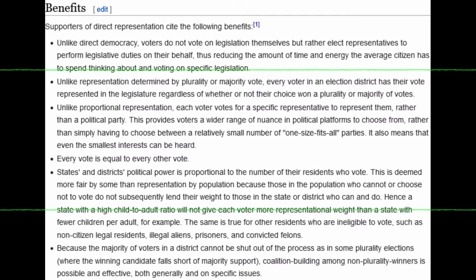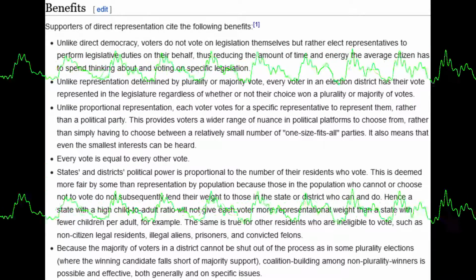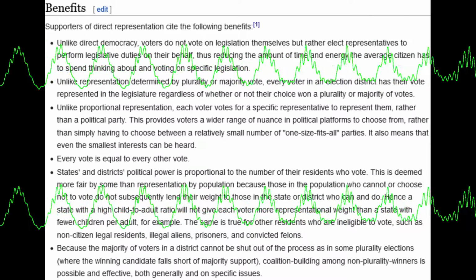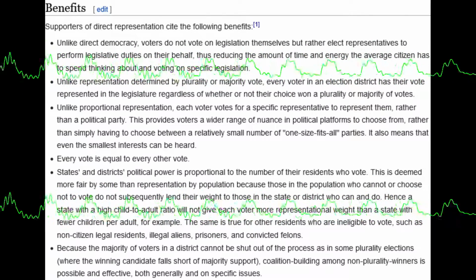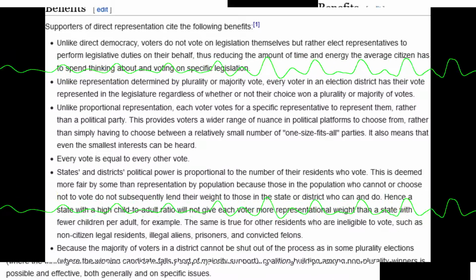Hopefully, it's very obvious that this system has a number of desirable properties, most of which come down to the fact that every single vote counts. No matter who you vote for, no matter where you are, your vote shows up in the total.